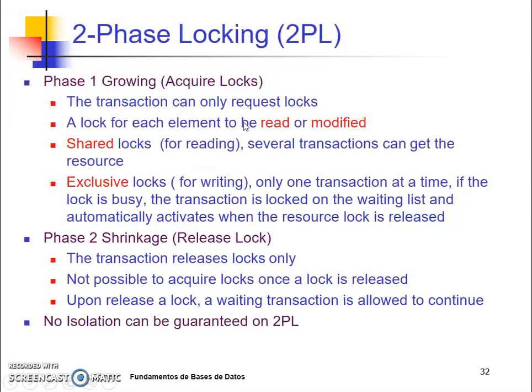The second phase is when I start releasing locks. Once you release a lock, you cannot ask for a lock anymore. And when you release a lock, maybe you can wake up a waiting transaction. And with this two-phase locking, I do not guarantee the isolation.